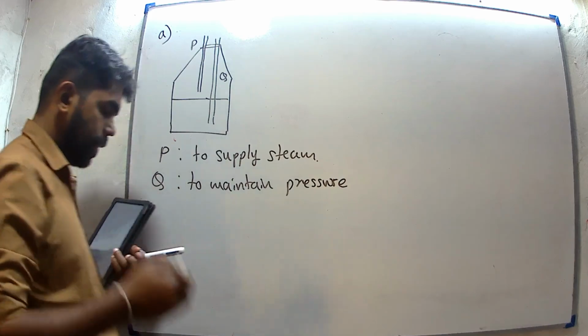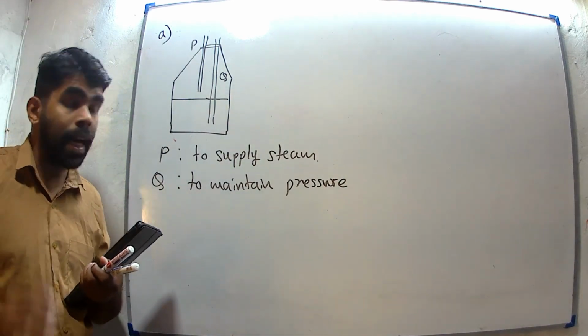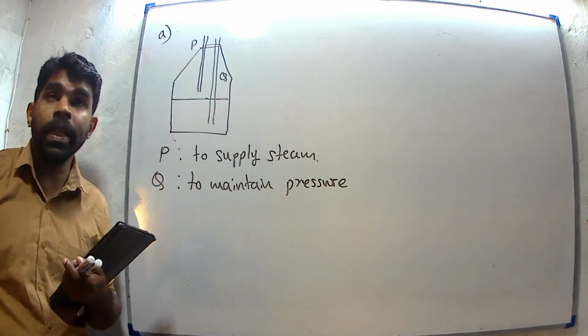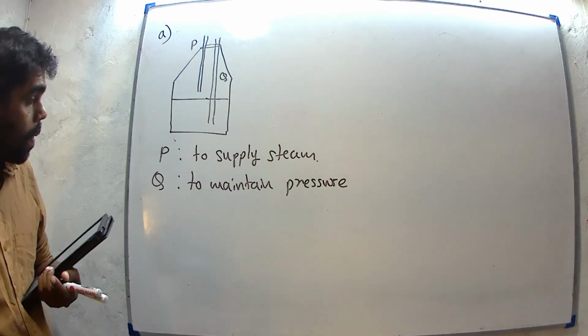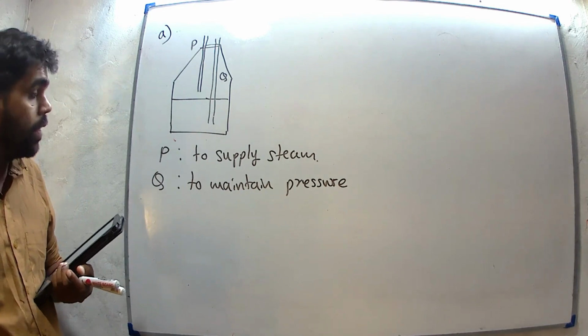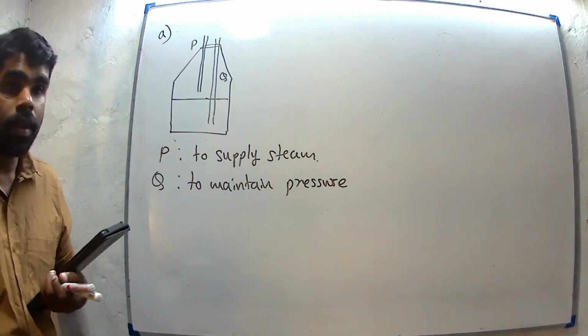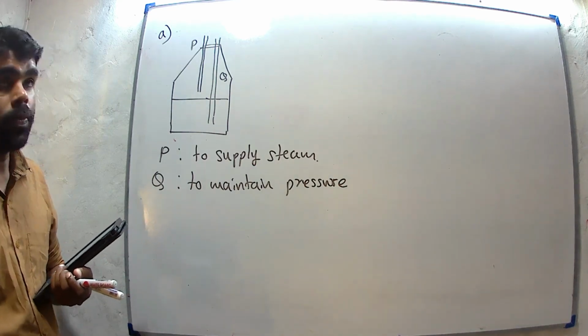We know that the temperature of steam is 100 Celsius degrees at atmospheric pressure. Therefore, we have to maintain atmospheric pressure to obtain steam at 100 degrees. Then we can make atmospheric pressure inside the steam generator by using the Q tube.